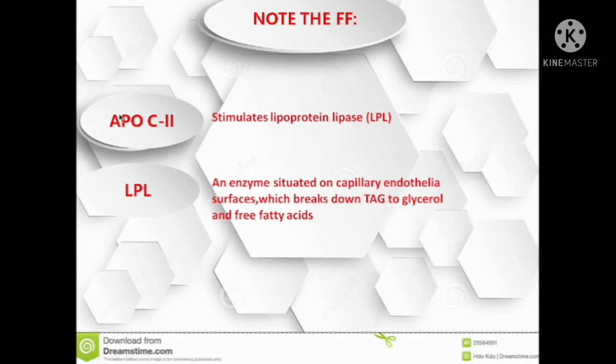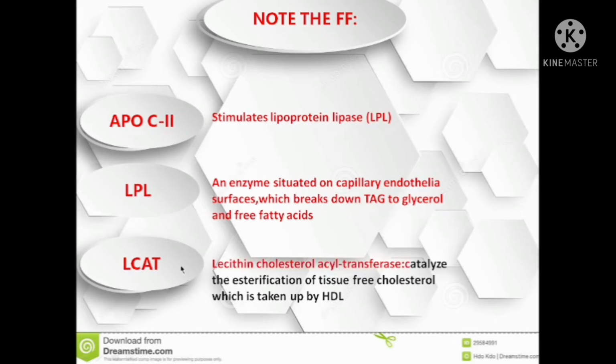Once we begin the pathway, I'll mention some of these things, so if you know their functions, it will be very simple for you. Don't forget that lipoprotein lipase is an enzyme that breaks down triglyceride to glycerol and free fatty acid.